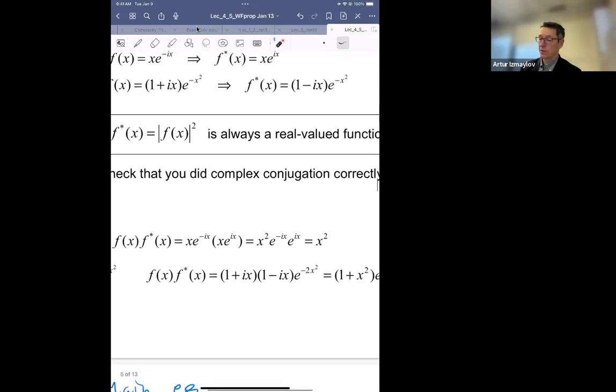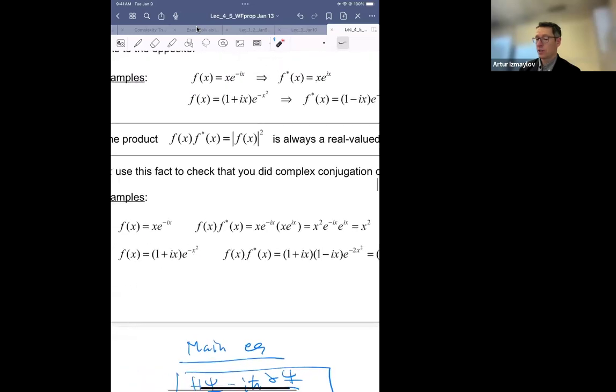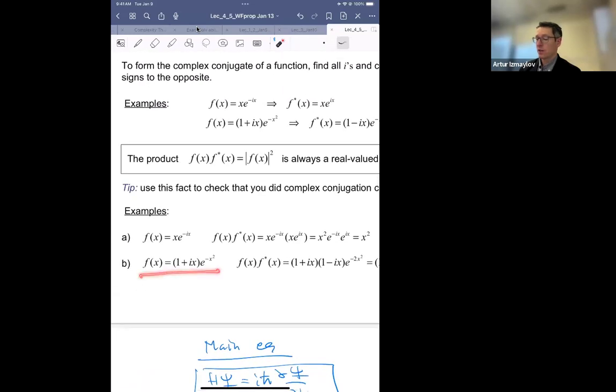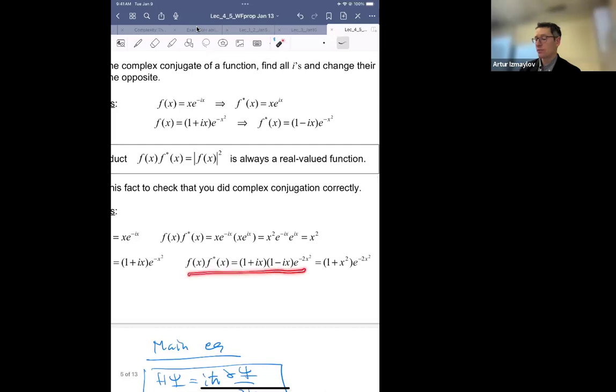Not zero, but identity. And here's another example of taking a function and doing the complex conjugation. Here we have this result because of the conjugation again. Okay. All right. Any questions? How to conjugate, how to do stuff?